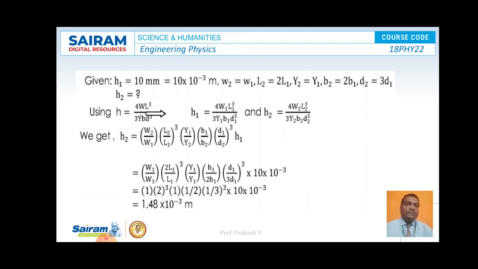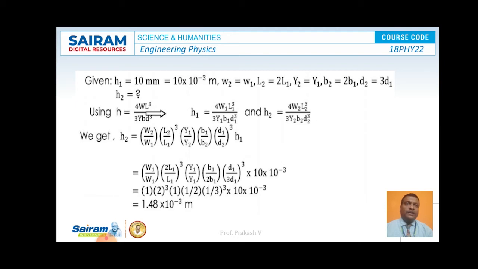As per the problem given, the values were all converted into the corresponding values. We know that h is equal to 4WL cube by 3Ybd cube, and the corresponding h1 will be 4W1 L1 cube by 3Y1 b1 d1 cube, and h2 is equal to 4W2 L2 cube by 3Y2 b2 d2 cube. Therefore, the value of h2 can be written as W2 by W1 into L2 by L1 whole cube into Y1 by Y2 into b1 by b2 into d1 by d2 whole cube into h1.